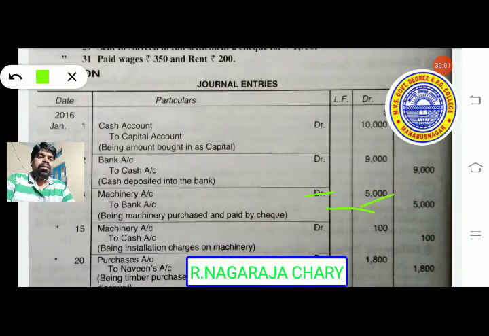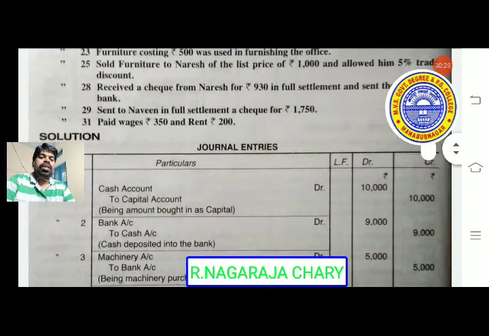This is 5,000 and this is 5,000, both the aspects will be equal. The small description is being machinery purchased and paid by check. We are not paying cash, we are paying by check, so we write being machinery purchased and paid by check.